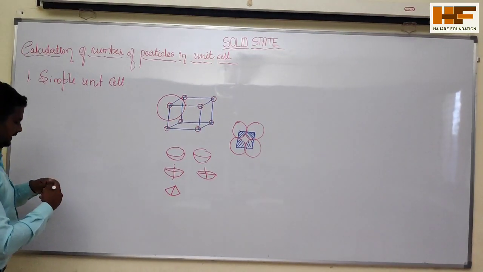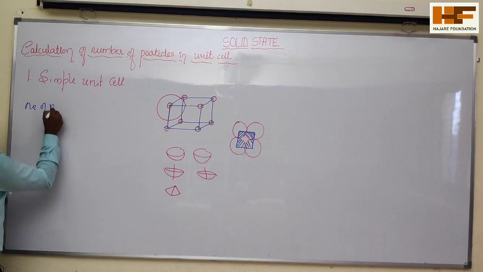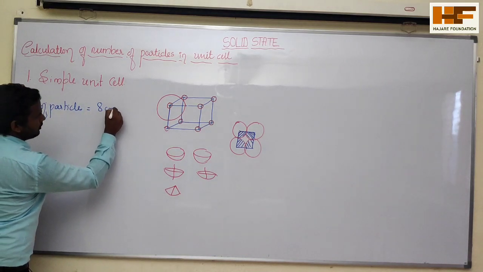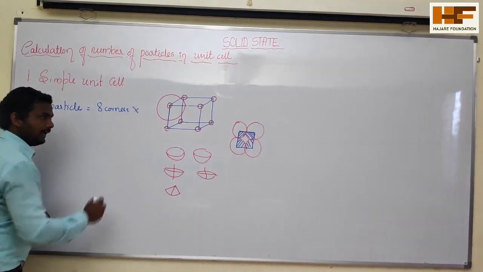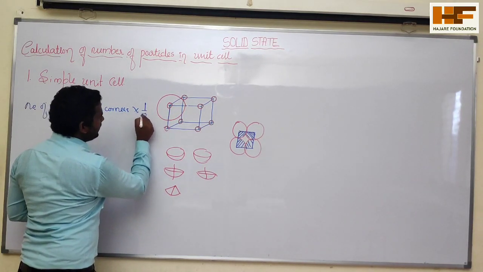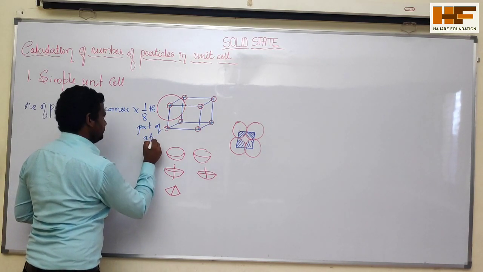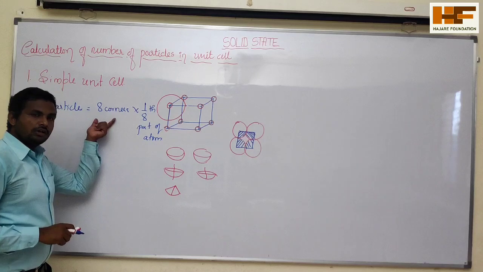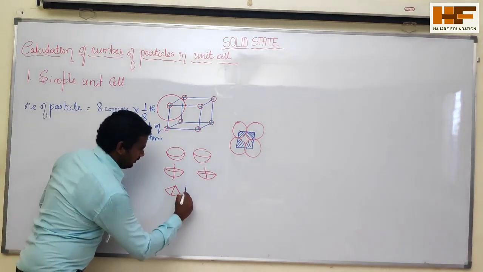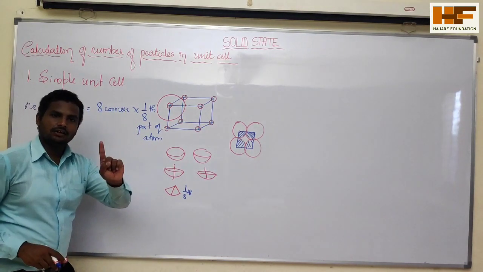So come to the calculation here. First one, the number of particles. Here we are having the 8 corners. In those 8 corners, each atom is contributing 1/8 part of the atom. Okay, so there are 8 corners and each corner 1/8. 1/8 means this part is contributed by a single constituent atom.